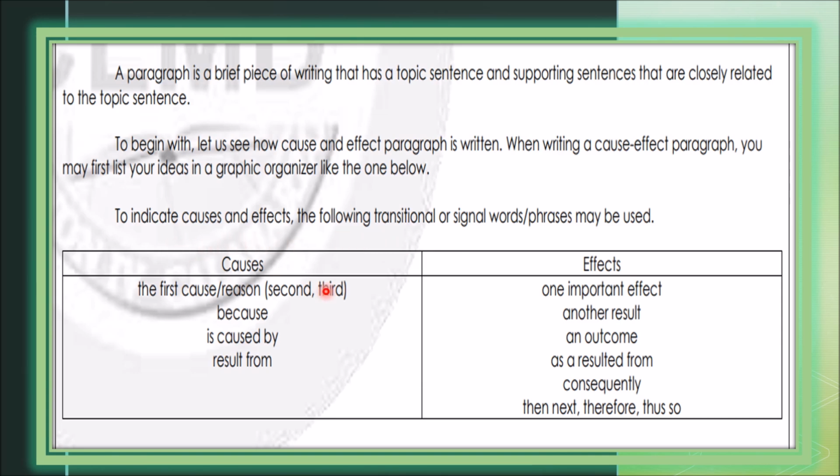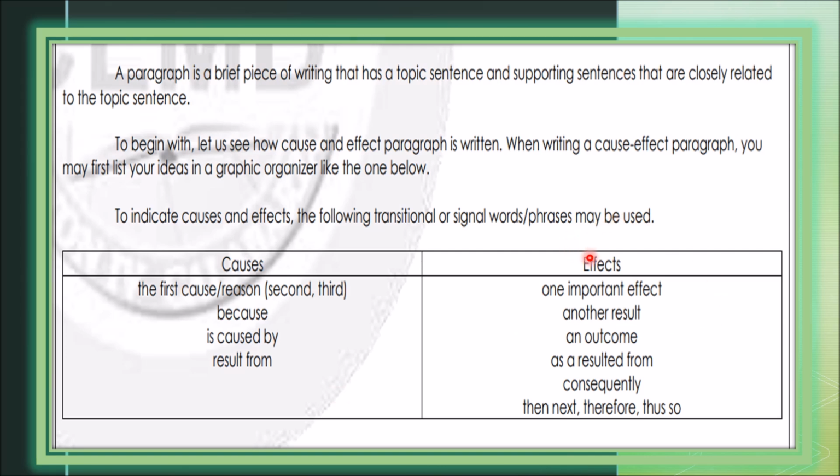So, causes. These are the signal words or phrases. For causes: the first cause or reason, second, or third; because; it is caused by; or results from. How about the effects?